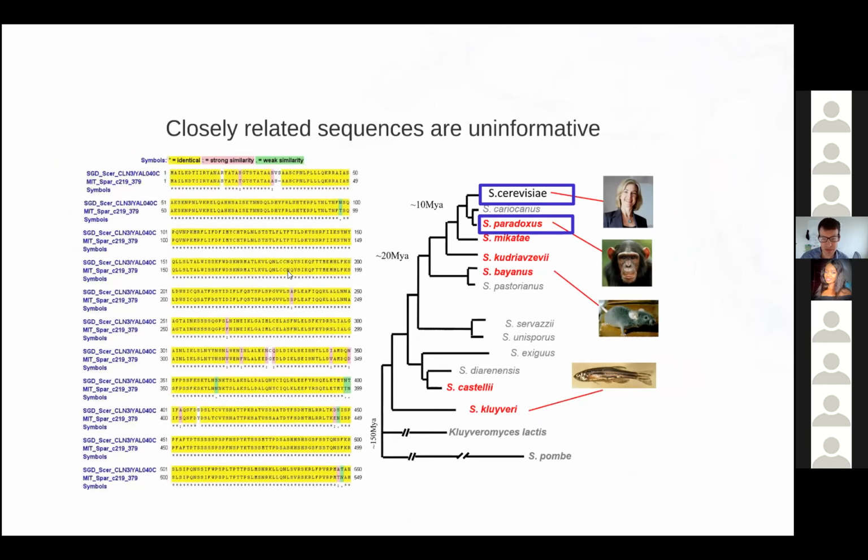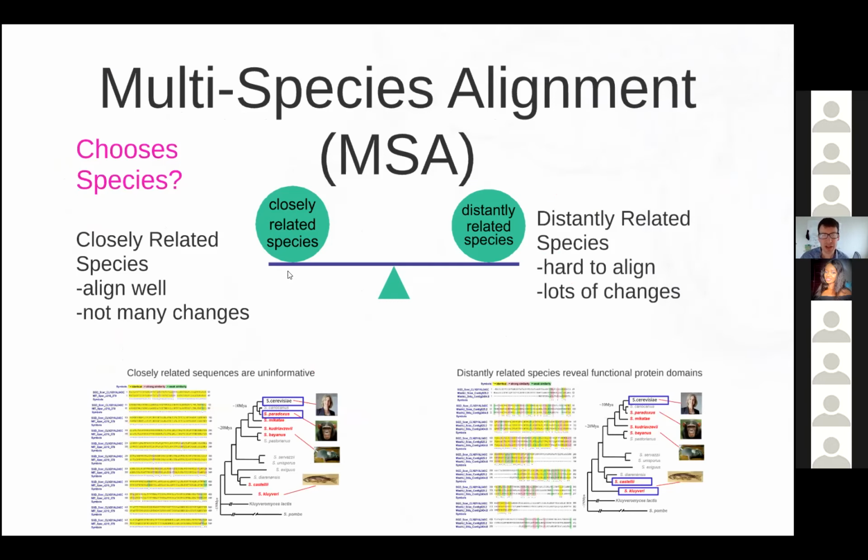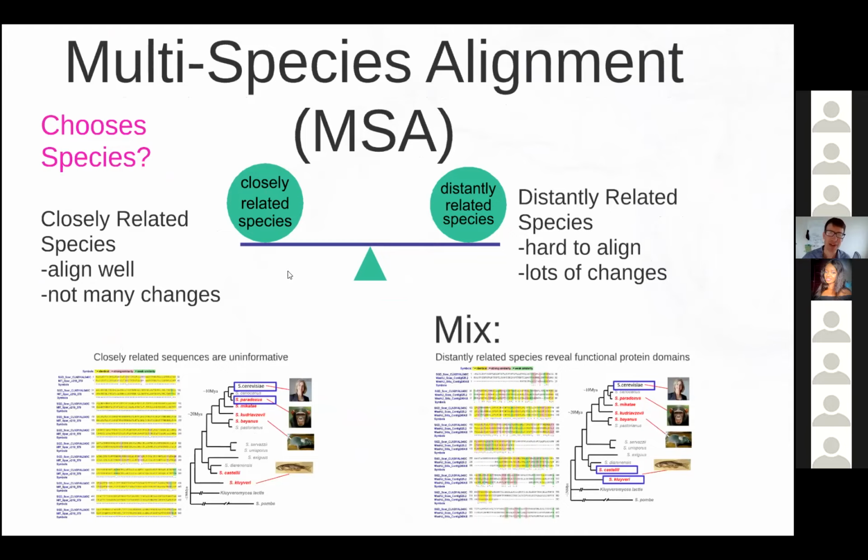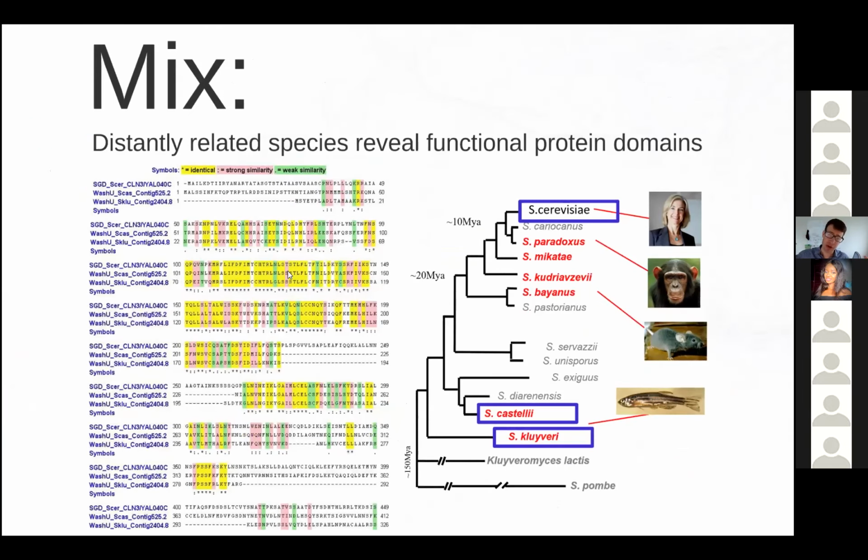And then the converse for distantly related species is, well, we could learn a lot, but it gets really hard to align them because the sequences are so different that the alignment algorithms just struggle. So the answer of what you should do is pretty simple: you should mix together. You want to bring in more and more distantly related species, but you have to have species in there that help the multi-sequence alignment software connect everything together.